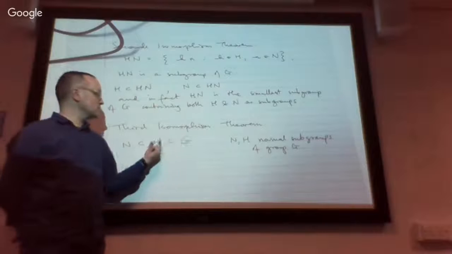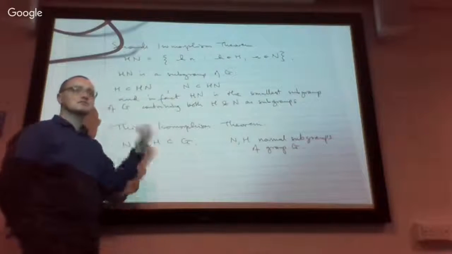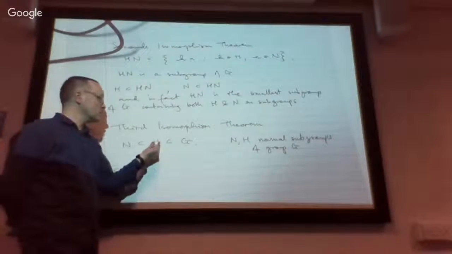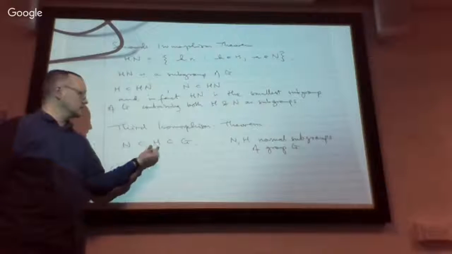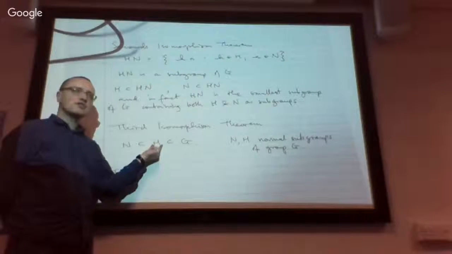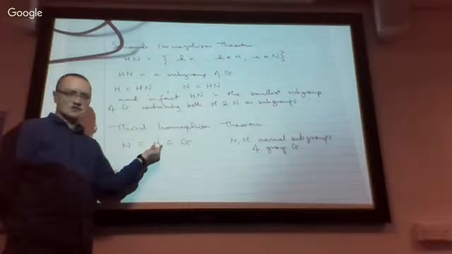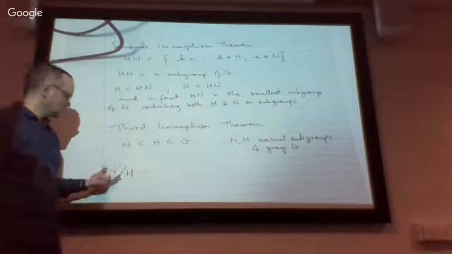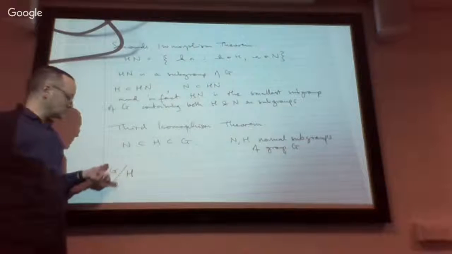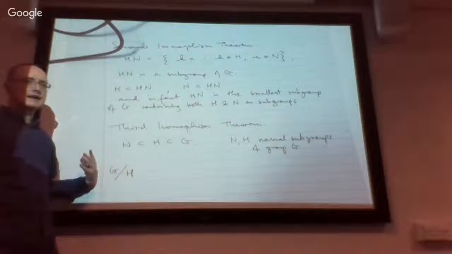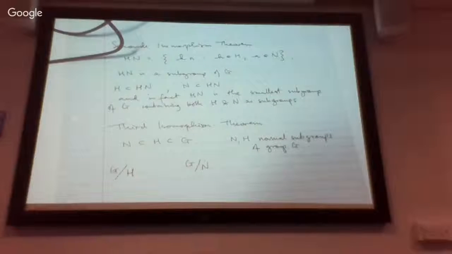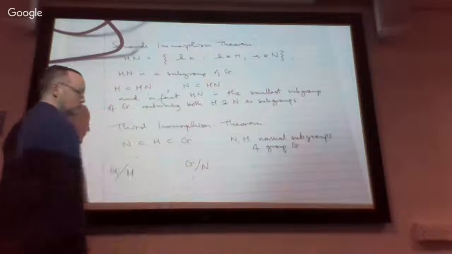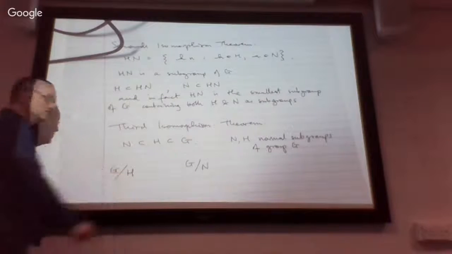The factor group G mod H will be an even simpler view of G, because H contains N, so you're making, in general, more things in the group G equivalent to the identity. Okay, so you're simplifying even more. So the factor group G mod H will be quite small compared to G mod N. Okay. So G mod N will be a less simplified view of G compared to G mod H.